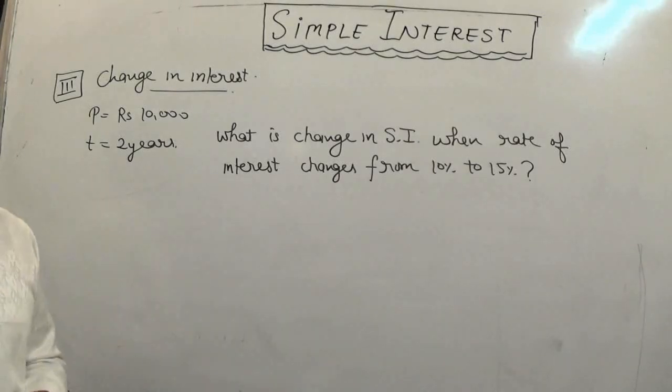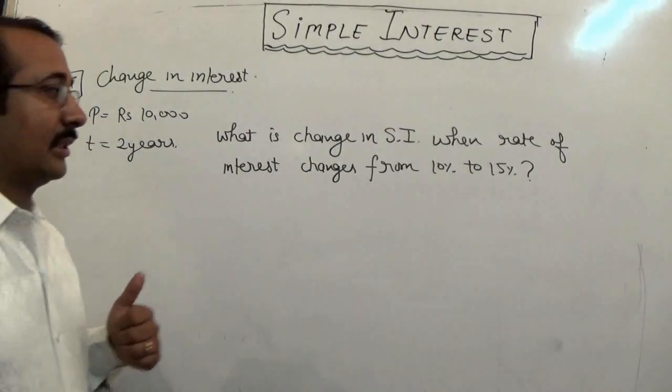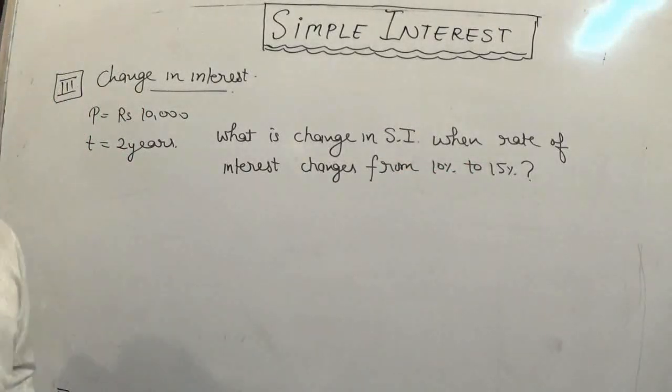Or the question may also be in this shape: principal is 10,000, rate of interest is given, and it may say timing changes from 2 years to 4 years. So we have a very standard concept here.